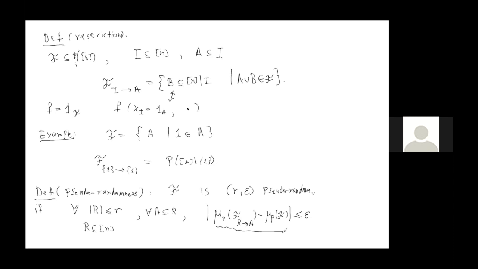The second thing is that maybe this. Say it again. We are looking at Fourier in the p-bias measure. Yeah. So if you look at this function, the indicator of the family, then the pseudo-randomness notion is roughly equivalent to all Fourier coefficients of F of subsets of R to be small.